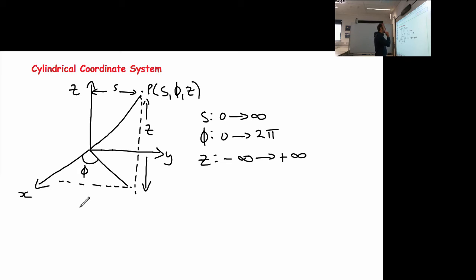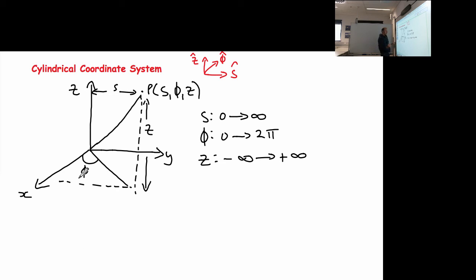So in the S direction, we have S hat. In the phi direction, we have phi hat. And in the z direction, we have z hat. Okay, and they're pointing in the direction of increase. Okay, so S hat, phi hat, and z hat.